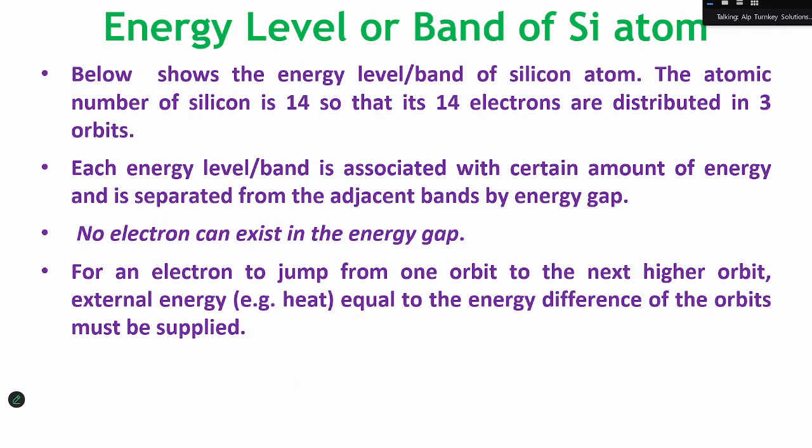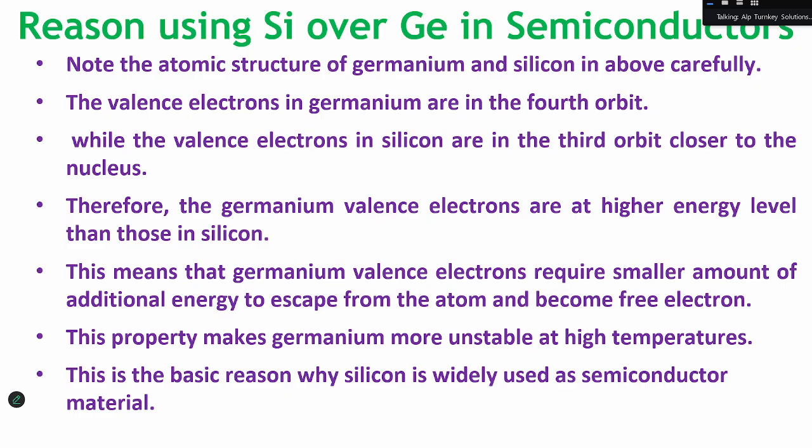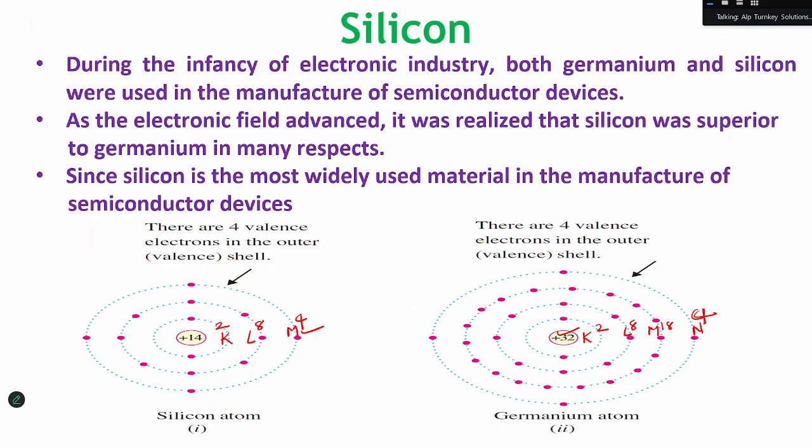So energy bands in silicon, I told you now. If you see the energy bands, energy gap, the atomic number of silicon is 14. So it is available in the M shell, whereas germanium is available in the N shell. Last class I told you there are two types of energies available, kinetic energy and potential energy.